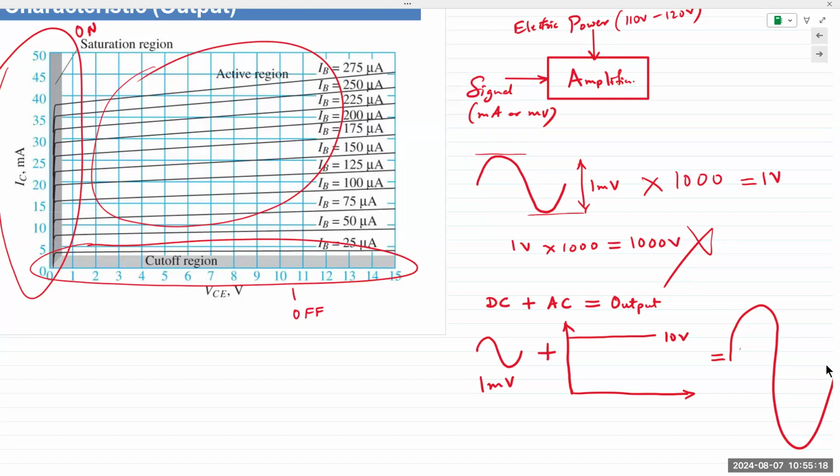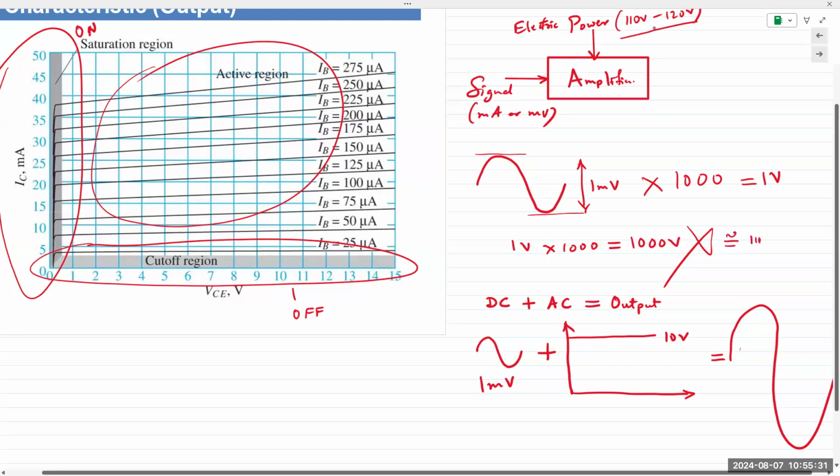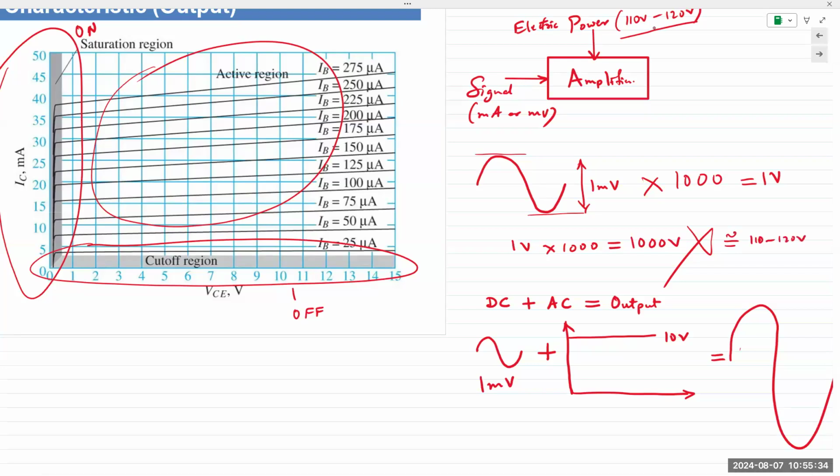Because you're not applying 1000 volts externally. If your power is only coming from 110 to 120 volts, the maximum limit would be 110 to 120 volts. It cannot come from thin air, right? That's a good question.